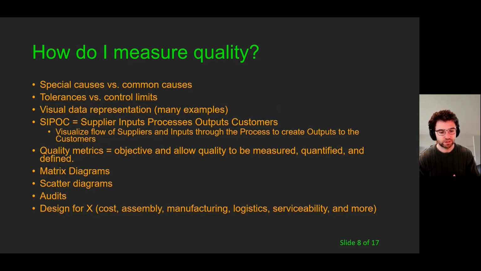Common causes are things that are just a dime a dozen. Sometimes you can take a risk on those if it's like a web of a material and you see a particular common issue on the web, but it doesn't actually present a problem when the finished good goes to the customer.